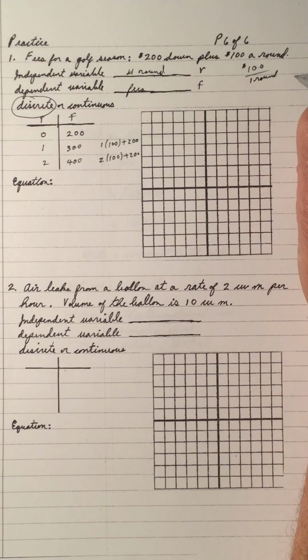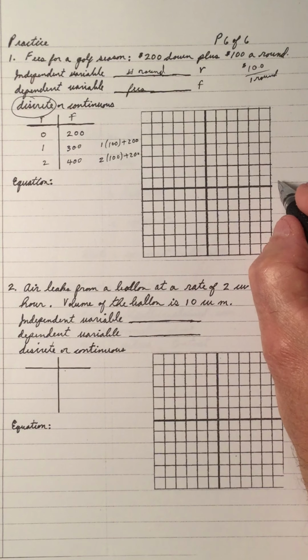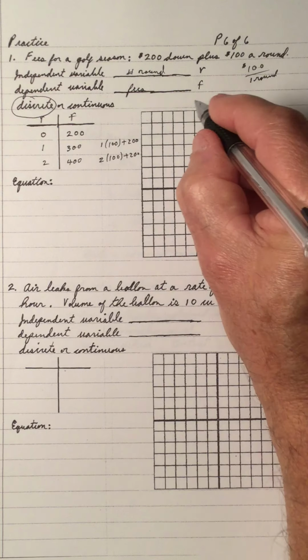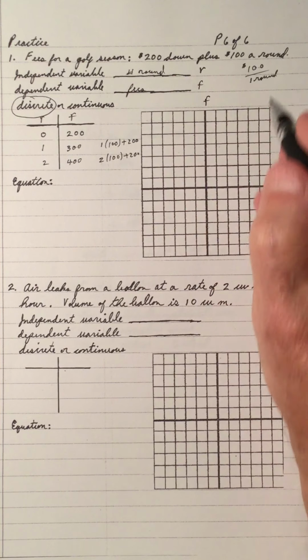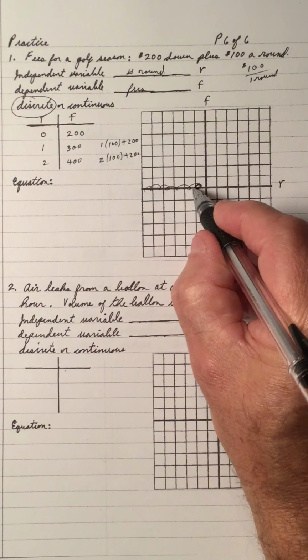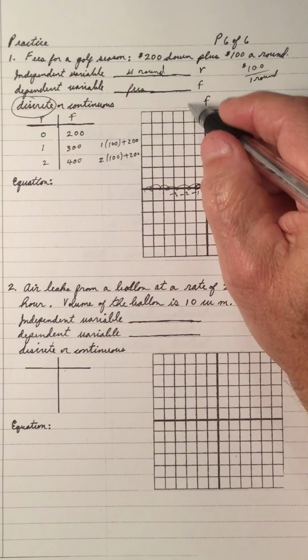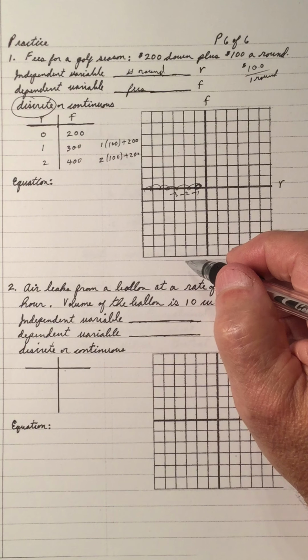So that's a slope. And if you did your graph, your rounds would be here and your fees would be here. But notice you can't be over here. You can't have a negative round, -1, -2, -3, so you can't be on this side.